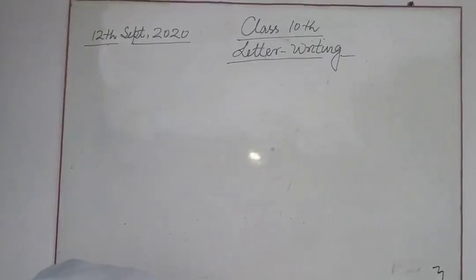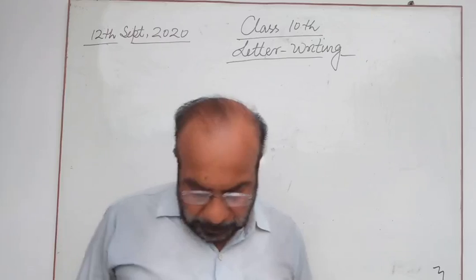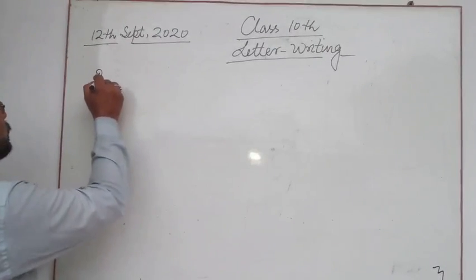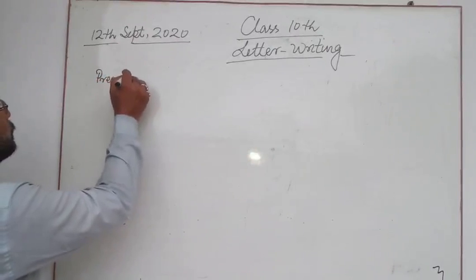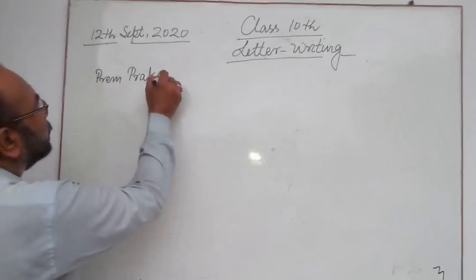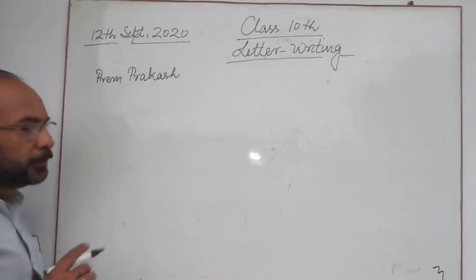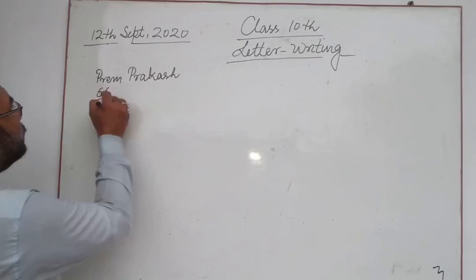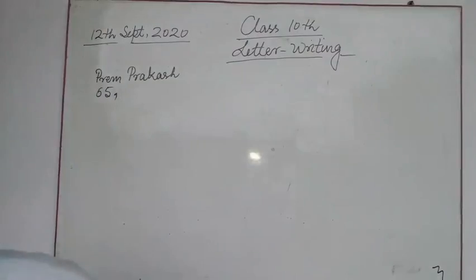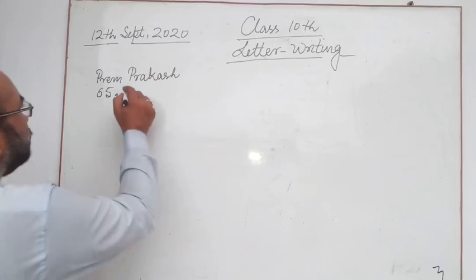So what I have told you, first you have to write the sender's address. Okay, so now you will write Prem Prakash, 65, and what I told you in the question, New Mandi Hapur.